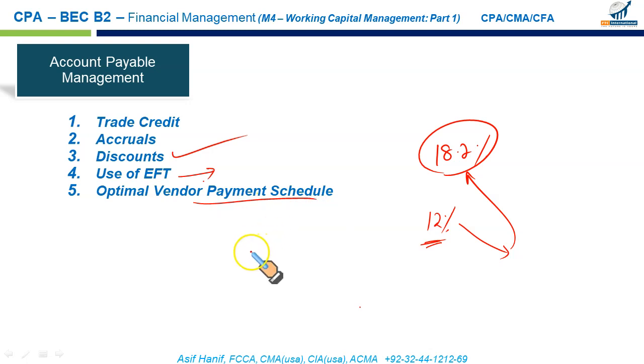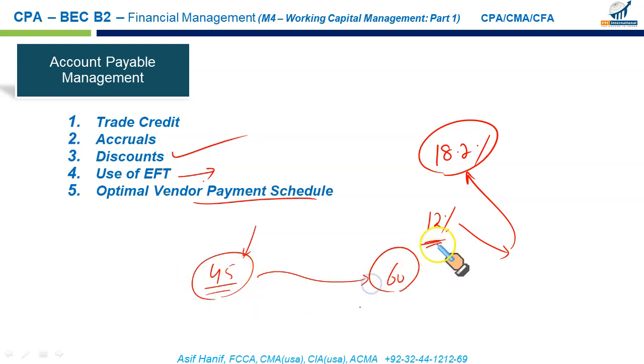Let's say you gave a credit period of 45 days to your customers, so your average customer pays you after 45 days, then your payment period ideally should be above 45, let's say 60 days. Right? If you give credit for 45 days, you should avail a credit of 60 days from a vendor. Ideally, your average payment period should be more than your average collection period, so that you do not run into the difficulty of running out of cash.